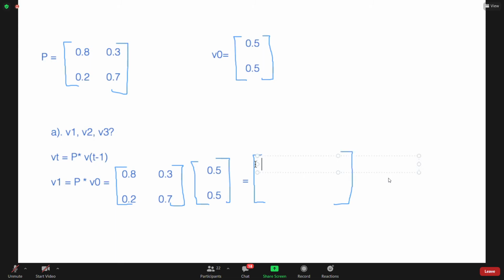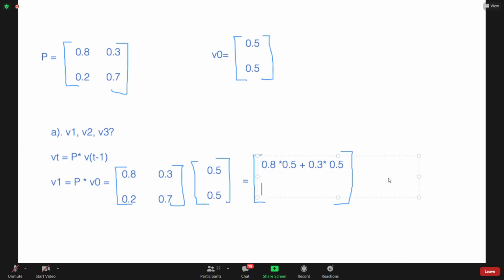But we all remember the product rule, right? So we have to multiply this line by every column of the second matrix. Because our second matrix is a vector, so it only has one column, we will multiply each line of the first matrix by the column of the vector. How? Initial term by initial term plus second term by second term. So it's going to be 0.8 multiplied by 0.5 plus 0.3 multiplied by 0.5.